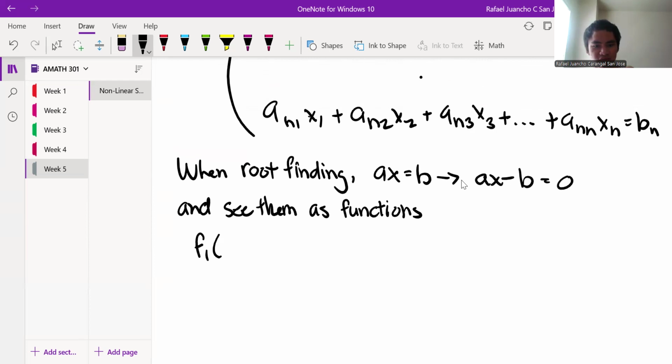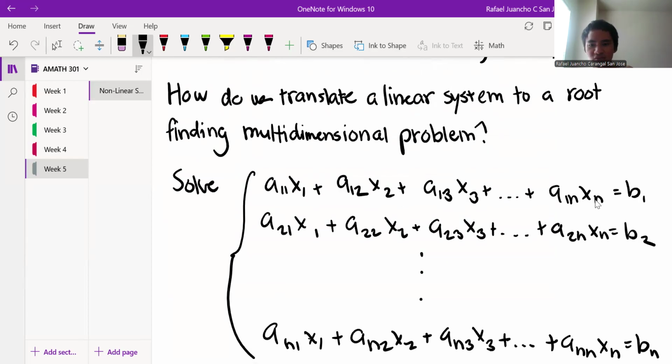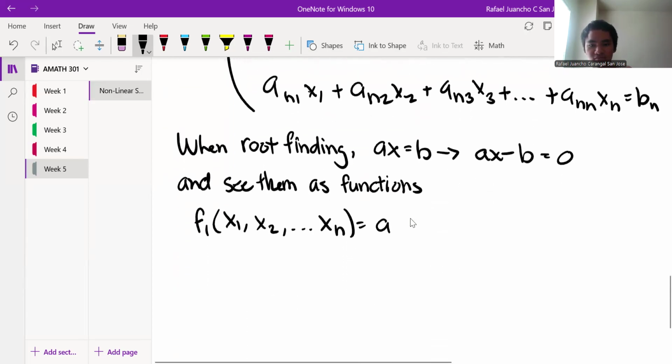So here we have f sub 1 of x1. Here we're plugging in our x vector, x1, x2, all the way to xn. And here that's basically our thing, right? So that's the first one here, x1 all the way to here, minus b.